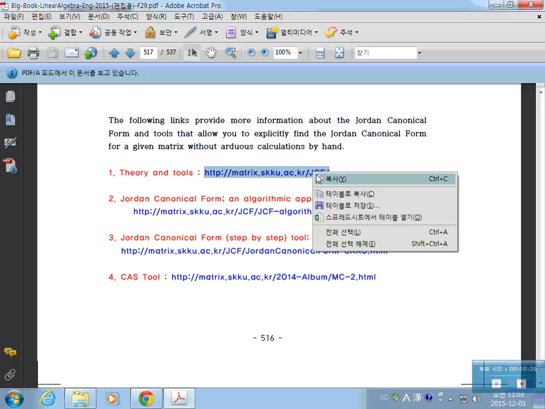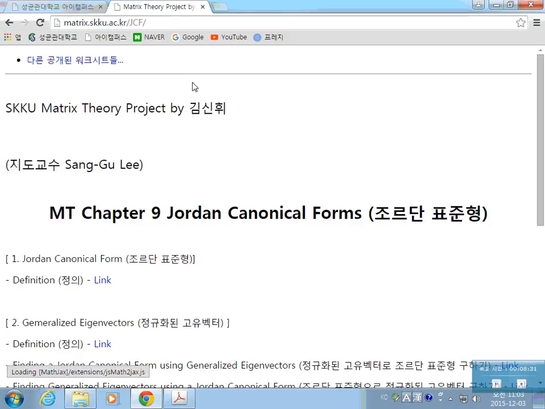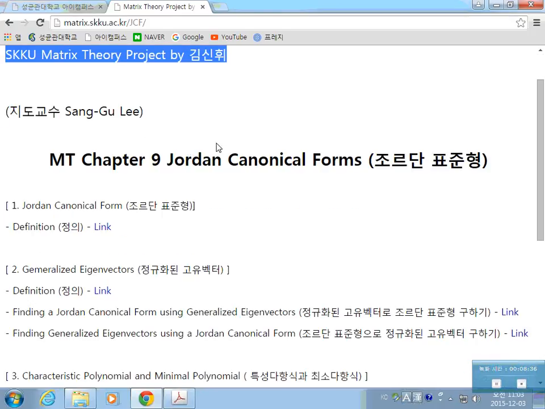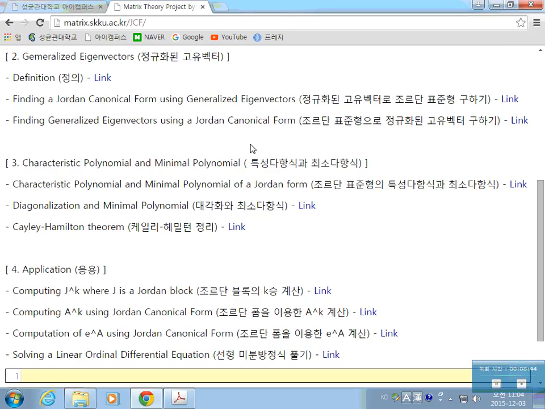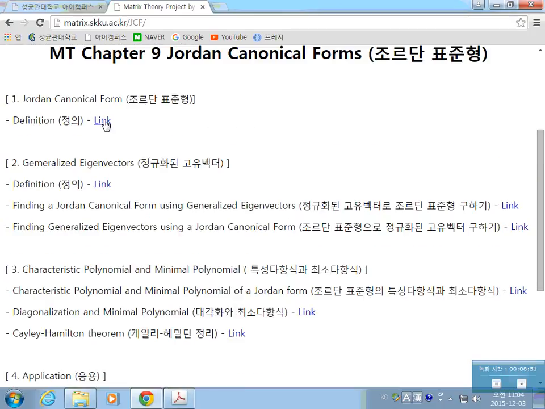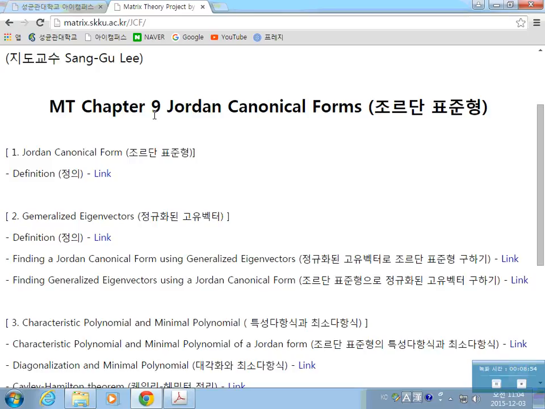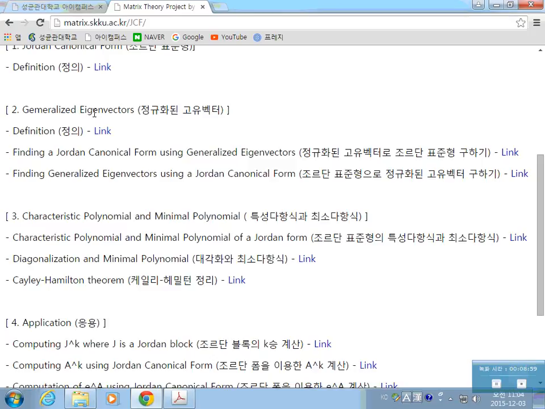This is the Jordan canonical form page that I made with my student, an undergraduate student when he was a sophomore in my department. I helped him go through this, and he rewrote it in his own words to explain it. On this website, you will find the definition of Jordan canonical form and of generalized eigenvectors.